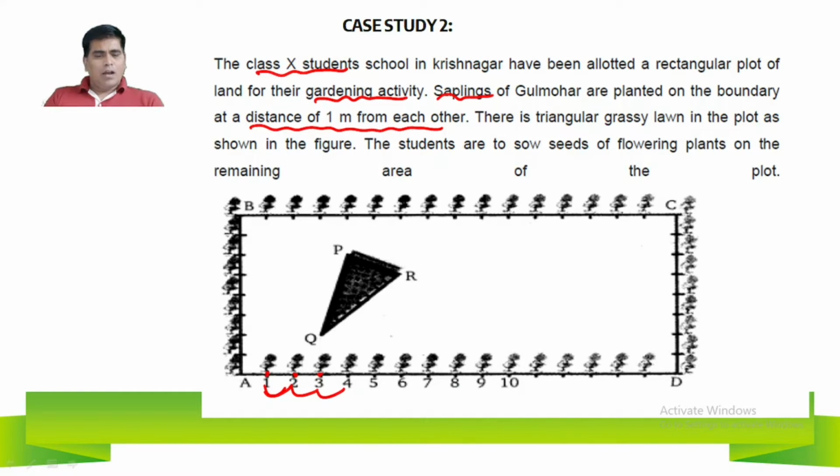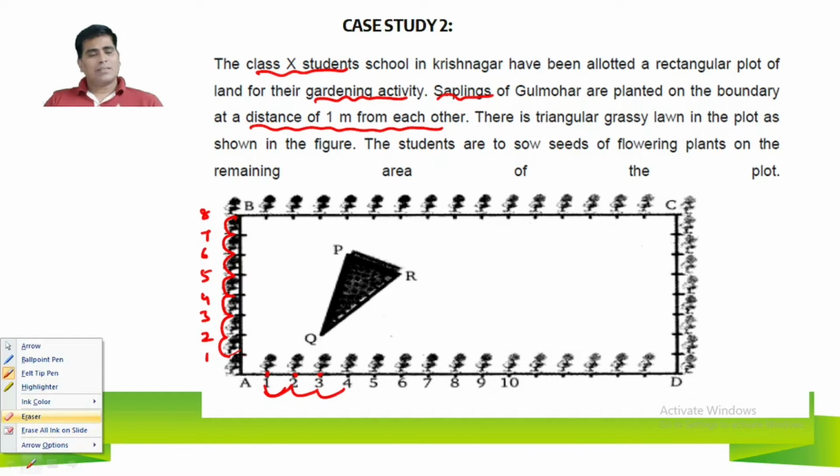In the upper part also we have saplings, 1 meter apart along the boundary. We will refer to them as 1, 2, 3, 4, 5, 6, 7, 8. This is the distance between two saplings.